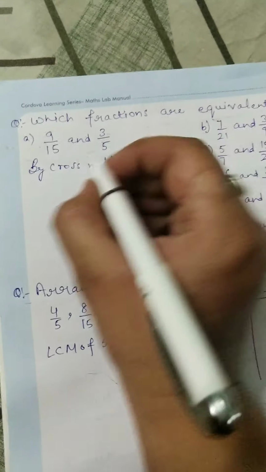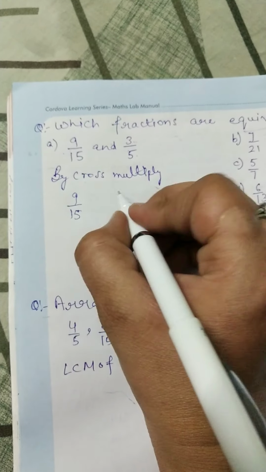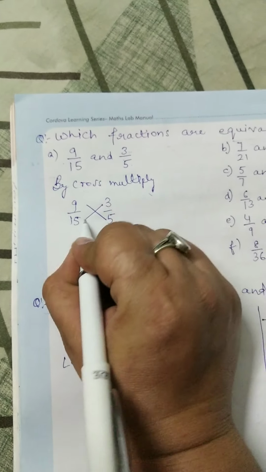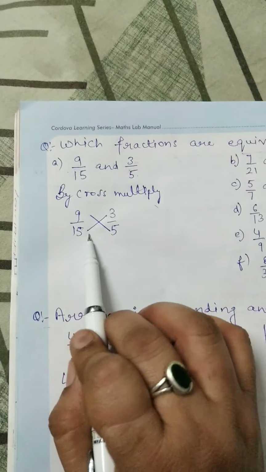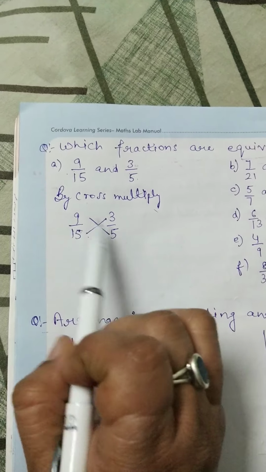Okay, students. Now see, 9 upon 15 and 3 upon 5. When you are doing cross multiply, remember students, always on the left hand side, your numerator, first you will multiply by this.